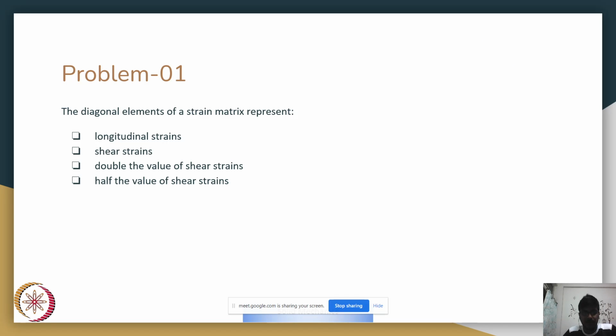So the first problem asks about the diagonal elements of a strain matrix. So this is our strain tensor, and as we know, it is given by half of grad u plus grad u transpose.